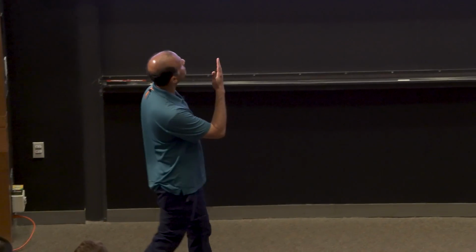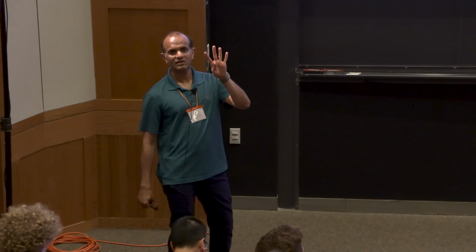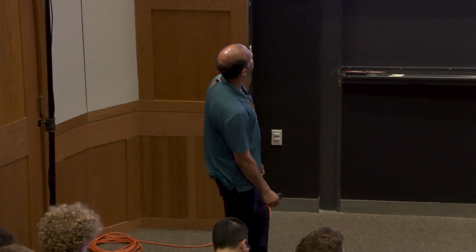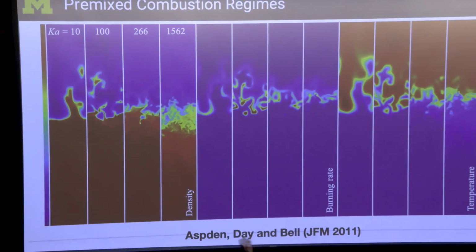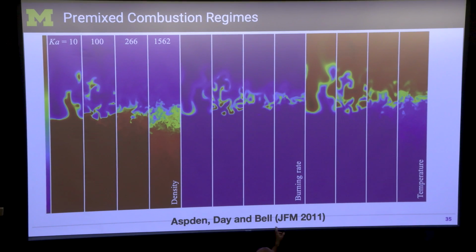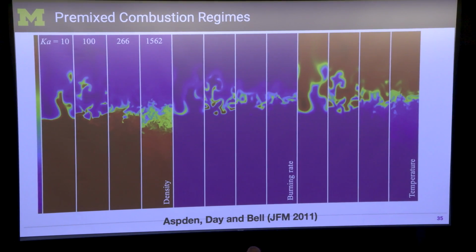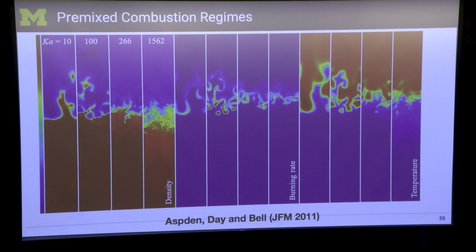There are 3 panels of data here, 4 snapshots for each panel. So there's density, that's the 4 here. There's the burning rate, which you can think of like the burning velocity. And then you have temperature, which is here. It's oddly plotted, right?